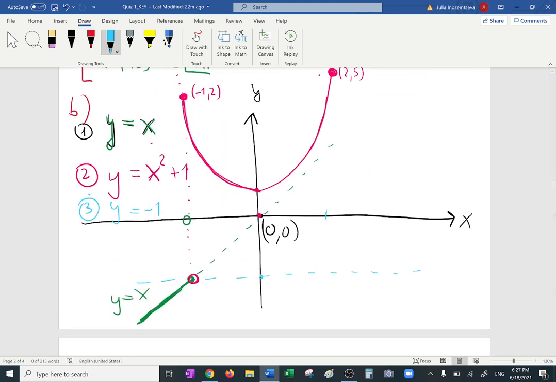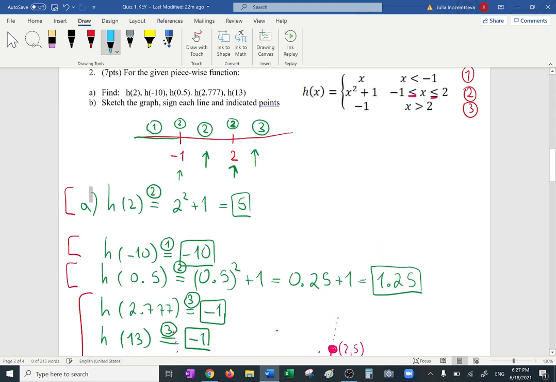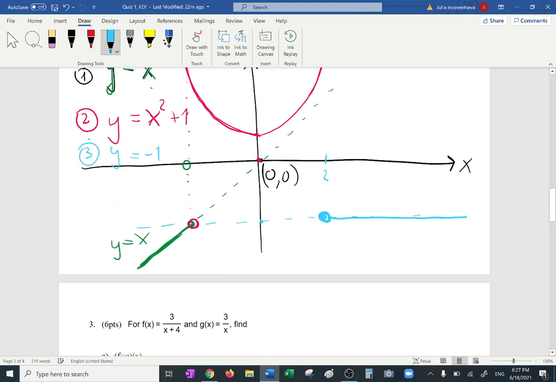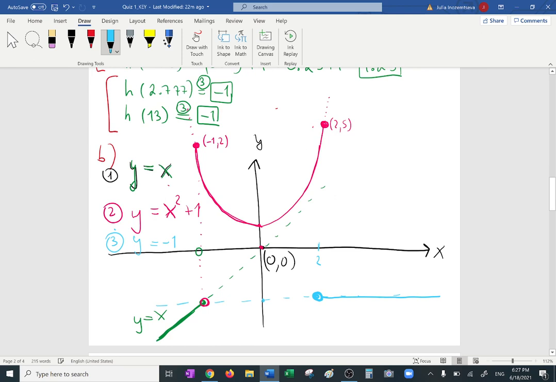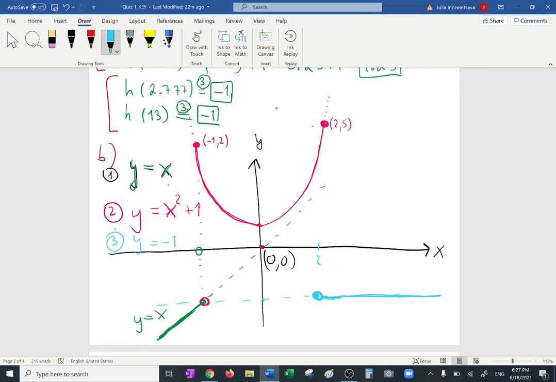So I'm finding 2, here it is. And then I will make the open circle because I already closed it for the parabola and because it's a strict inequality over here. And then just have this line only after the input x equals 2. But this height is -1.